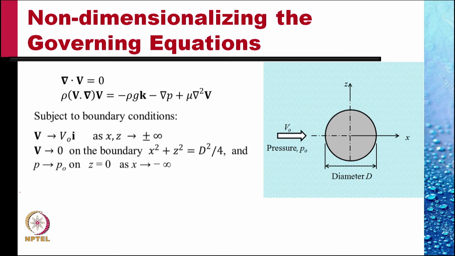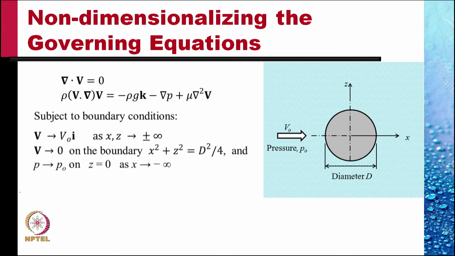The boundary conditions could be v, the vector velocity, far away as x and z tend to plus minus infinity, is v naught i. The flow is only in the x direction with the velocity v naught. And v is 0 on the boundary. The boundary x squared plus z squared is equal to d squared by 4, where d is the diameter of the cylinder.